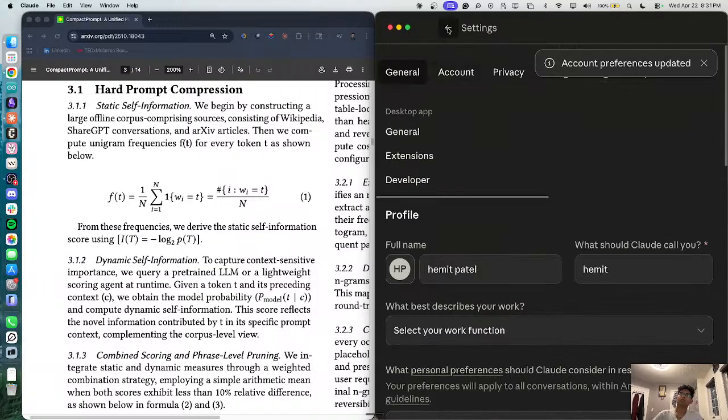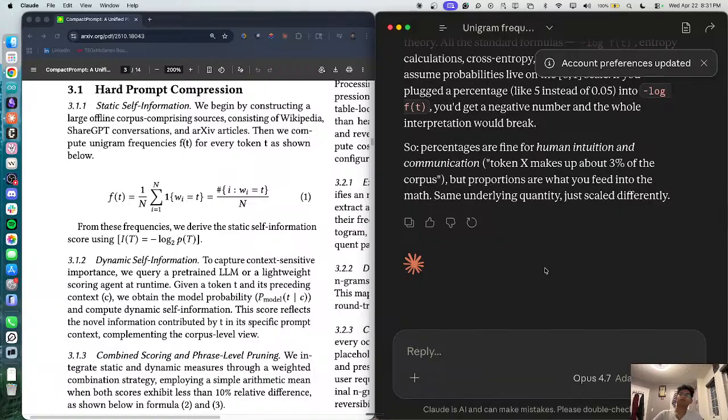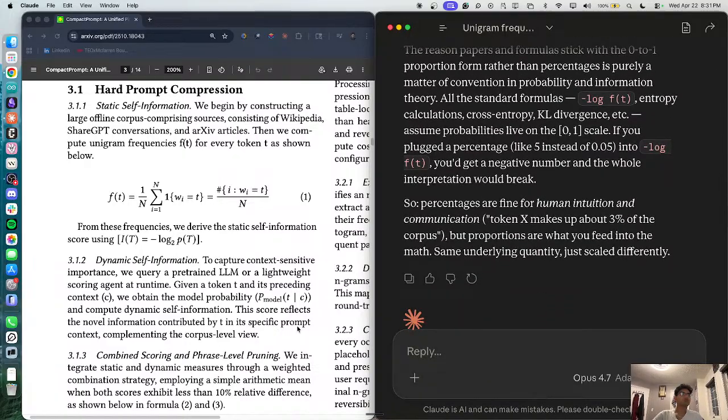Okay. So what exactly is self-attention? What am I saying? So what exactly is the static self-information and how does it help with the hard prompt compression?